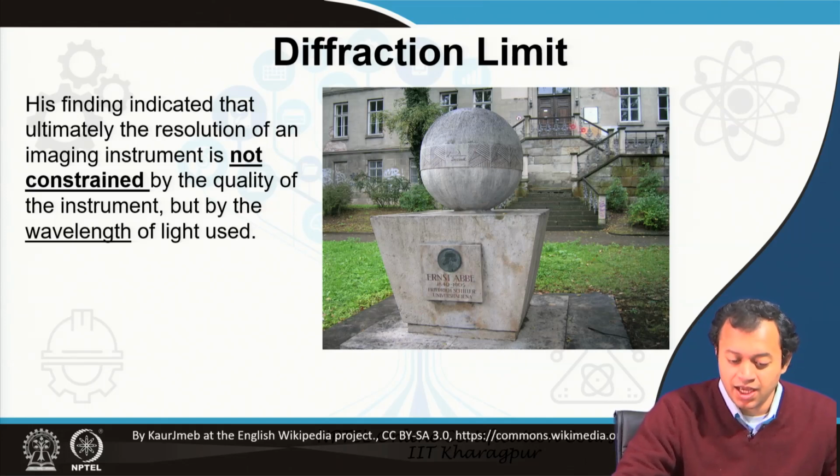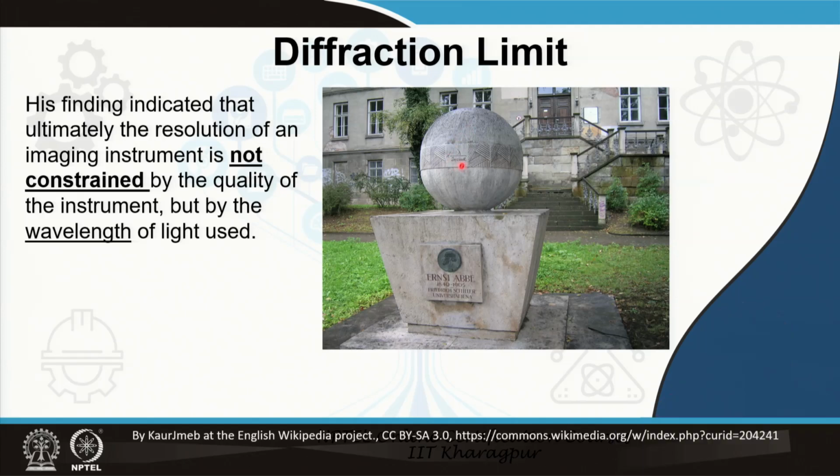It is just that you become that popular and that famous that they made a plaque in your memory, and they put the formula that you have discovered in your name: d is equal to lambda by 2 n sin theta. Perhaps the most significant formula in the life of a microscopist.